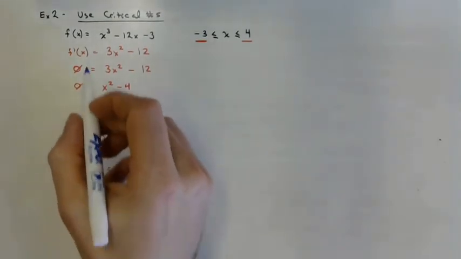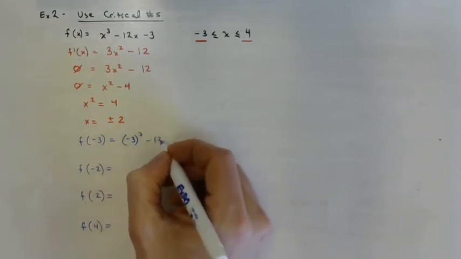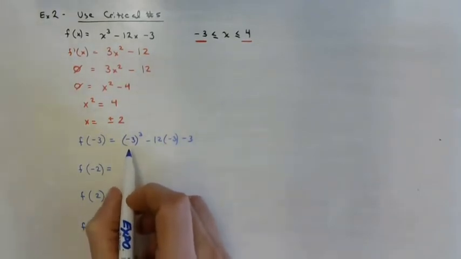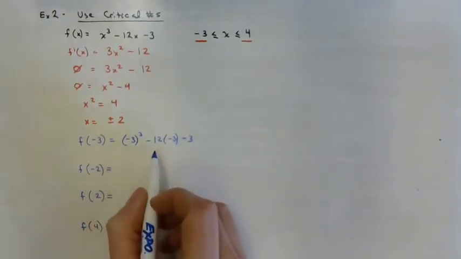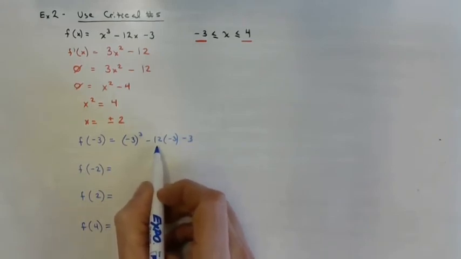So if I sub negative 3 in here, I get negative 3 cubed minus 12 times negative 3 minus 3. We can do that one. It's going to be negative 27 plus 36. Negative 27 plus 36 is going to be 11. Nope, 9.